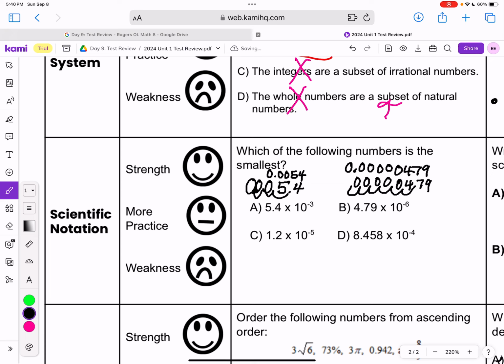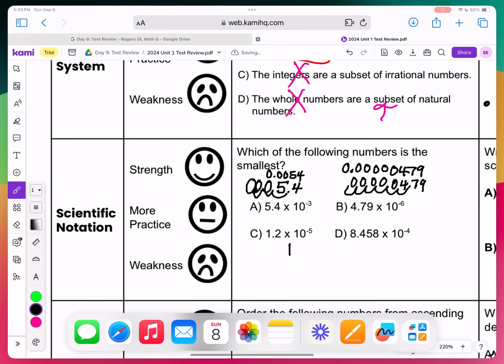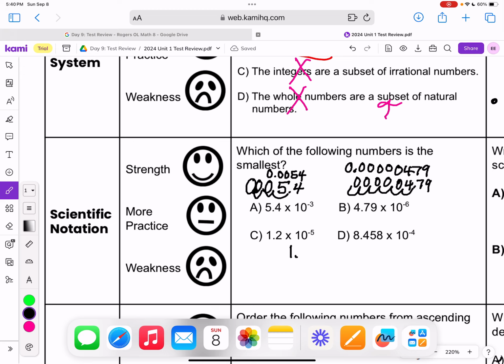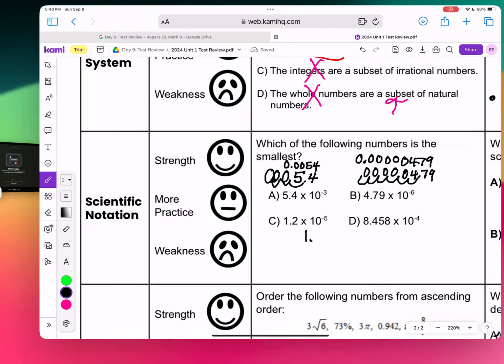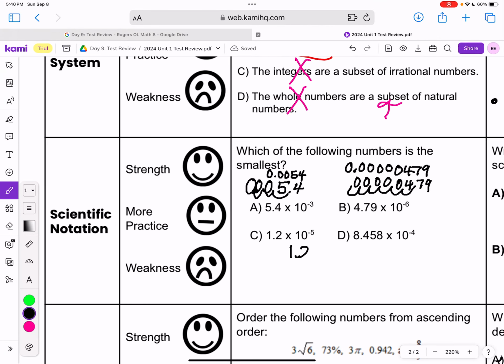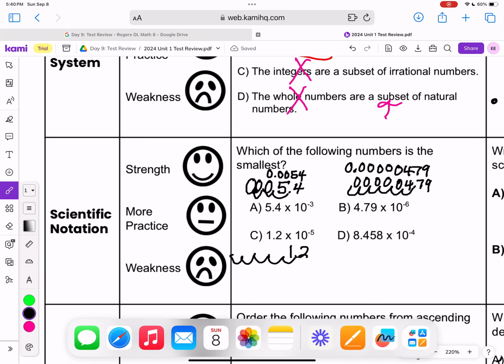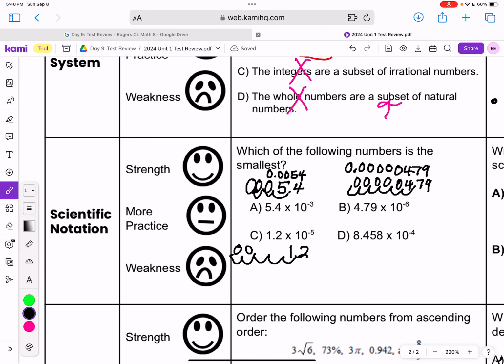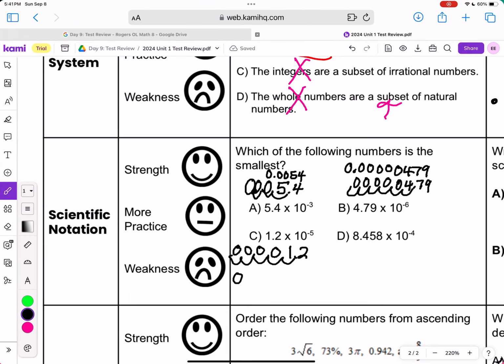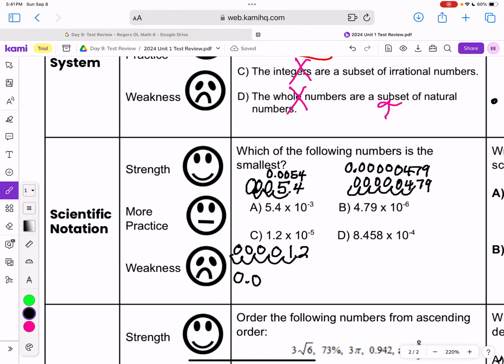So 1, 2, 3, 4, 5. So 4 zeros. So 0.123412. And then this one is 8.458. 1, 2, 3, 4.